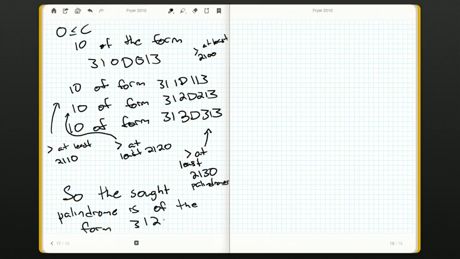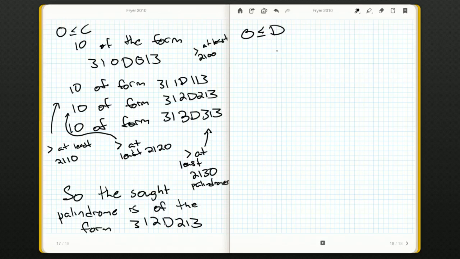So the one we're looking for is going to look like 312D213. Okay. Now the lowest D can be is 0. And actually we can write out our candidate.